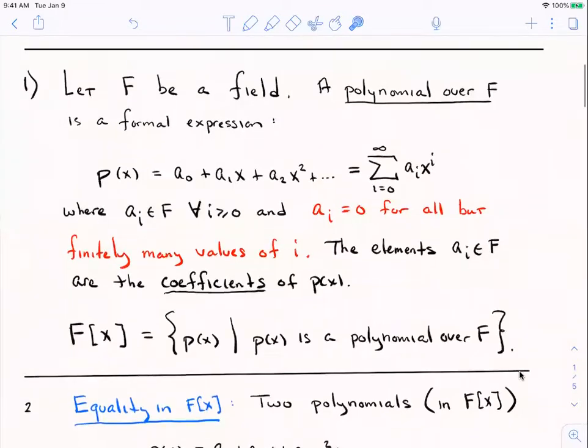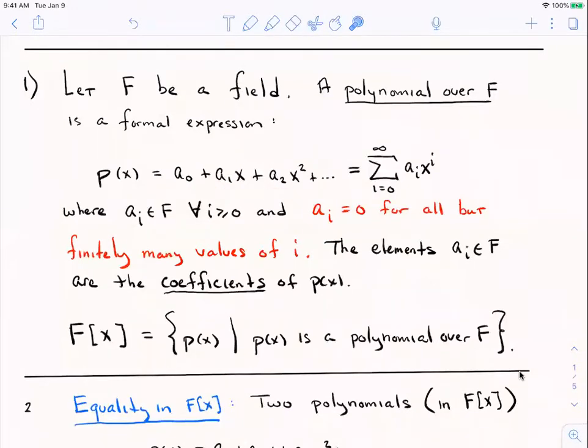Okay, so let's get started. Breaking it down into these 4 goals. Give me a field F. By a polynomial in F, what I mean is a formal expression. By a formal expression, I mean, don't think of this as a function or anything. I'm just saying by a polynomial P, I'm going to write it like a function, P of X, or just P. So what is it? It's a sum, A0 plus A1 X plus A2 X squared.